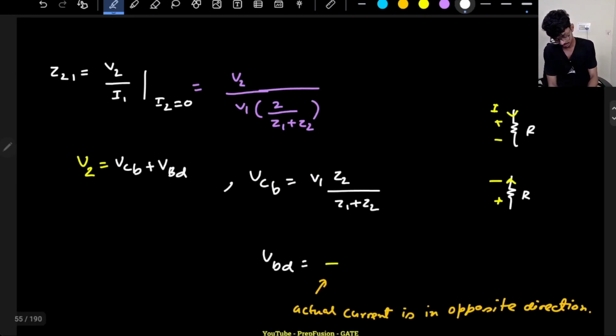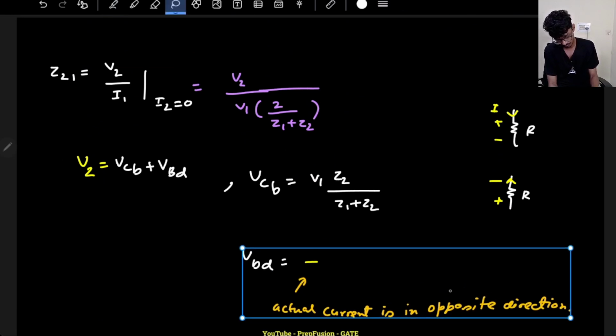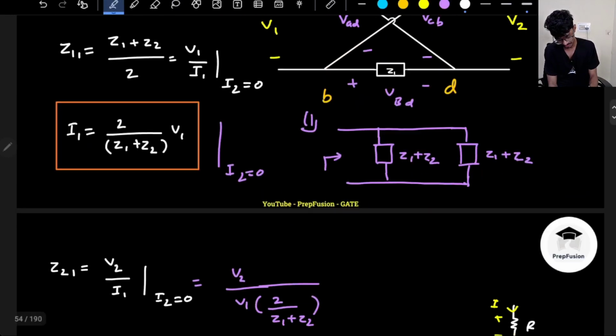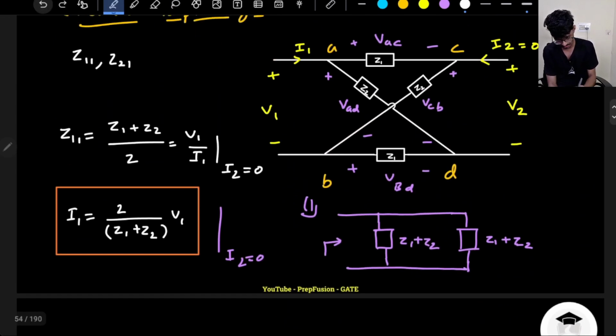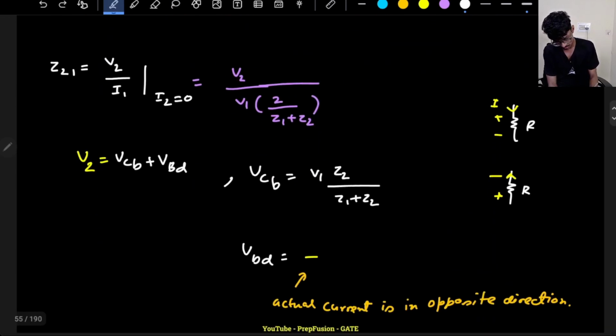So this will be minus V1 into, now apply your voltage division, simple, Z1 divided by Z1 plus Z2. Of course V1 is there because voltage division is happening with V1 only.